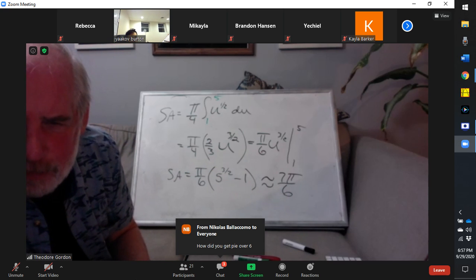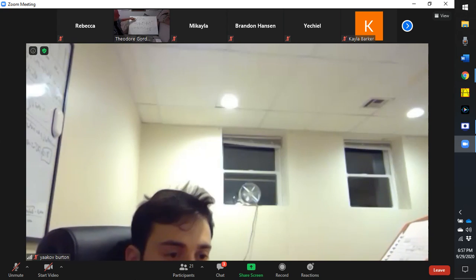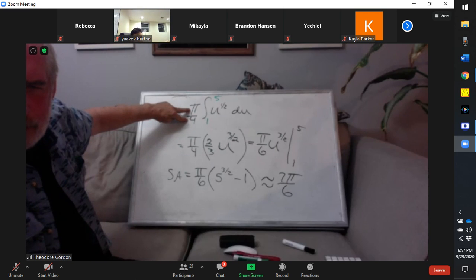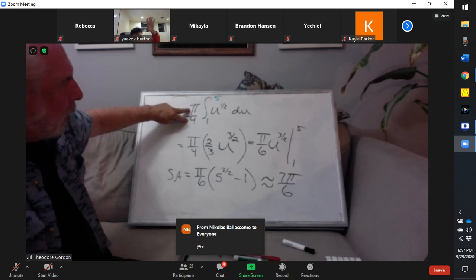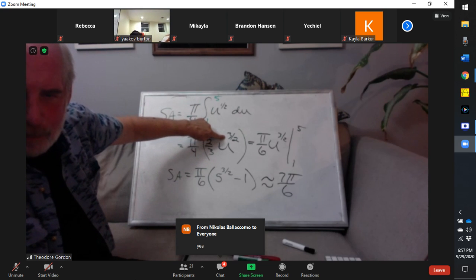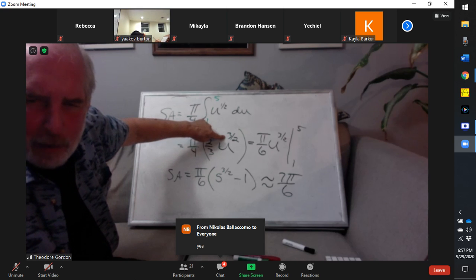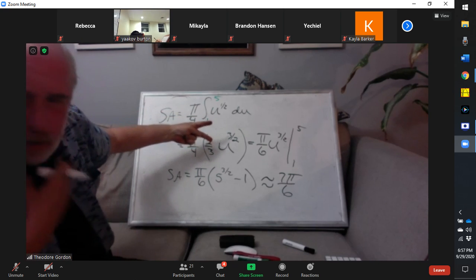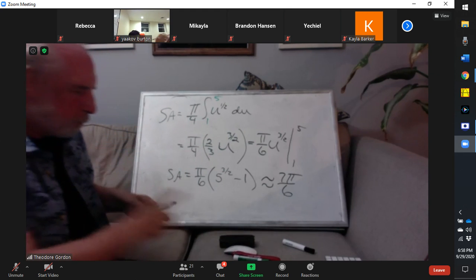How did I get pi over 6? Are you okay with the pi over 4, Nicholas? You see where that came from? Okay. When we did the integral here, we got an exponent of 3/2, and then we have to divide by that new exponent. So dividing by 3/2 is multiplying by 2/3.